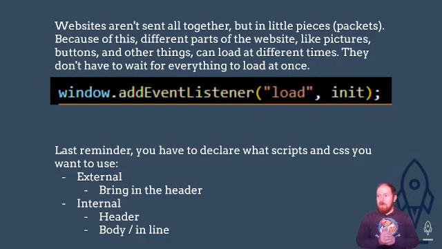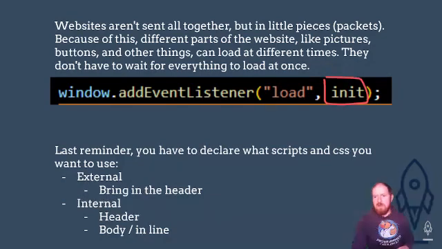So that's where some people fall into this trap of putting their JavaScript right inside their body, and then it doesn't trigger sometimes. Well, it's because it's waiting for something to load. Your JavaScript actually loaded before the other element, so then it's out of sync. That's why we always do this window.addEventListener load. And then the init is a function.